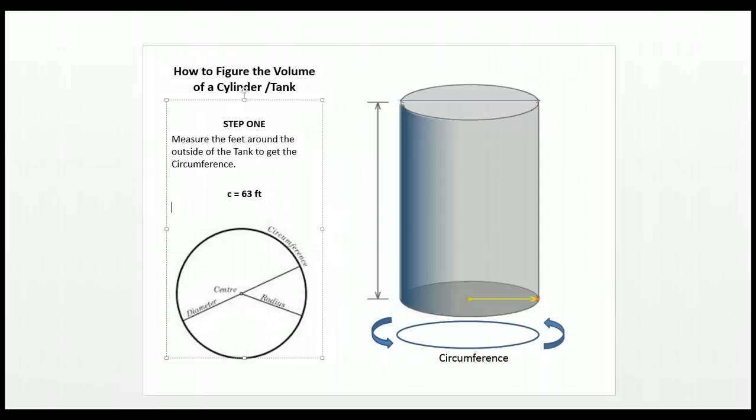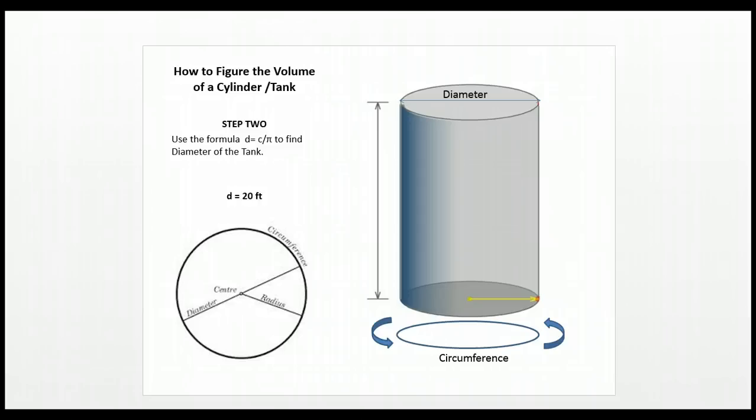Okay. Alright, next we're going to determine what the diameter is. Now there is a formula that we're going to use. We said that the circumference was equal to 63 feet, right? Okay, so we had that.